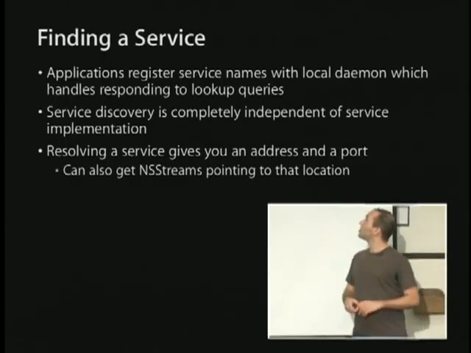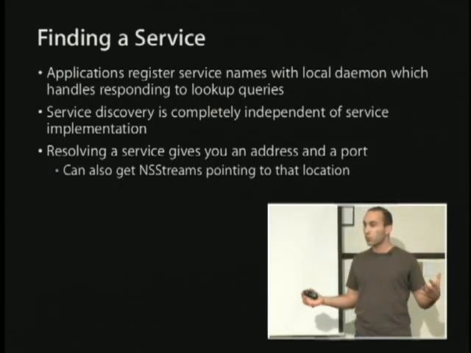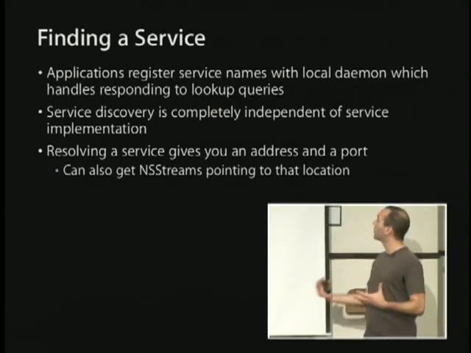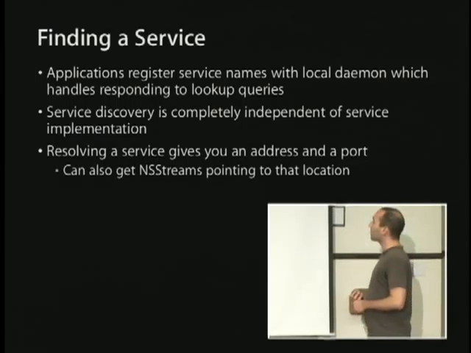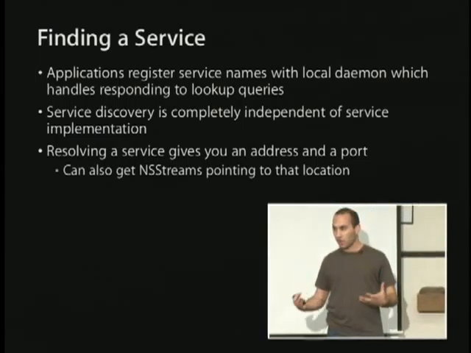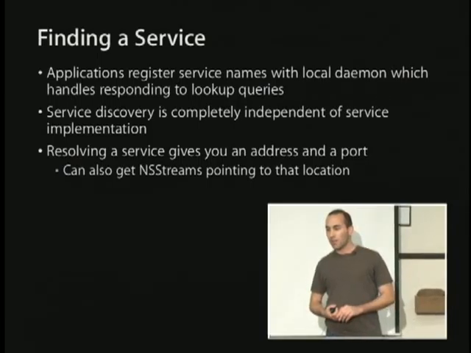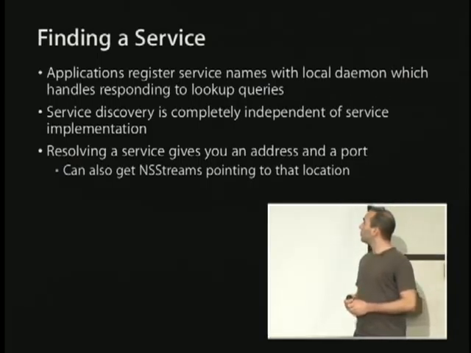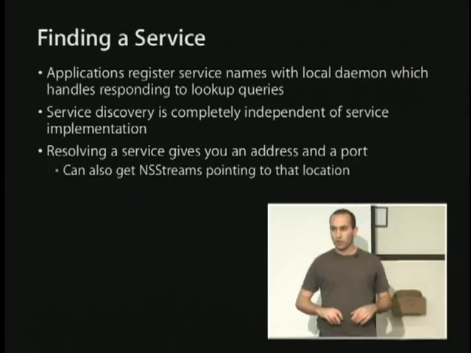So the application registers. So when you create a service, you register the service name. But the discovery of the service happens with NSNetService as well. And then you can go and resolve a service to get the actual IP address for doing real communication.